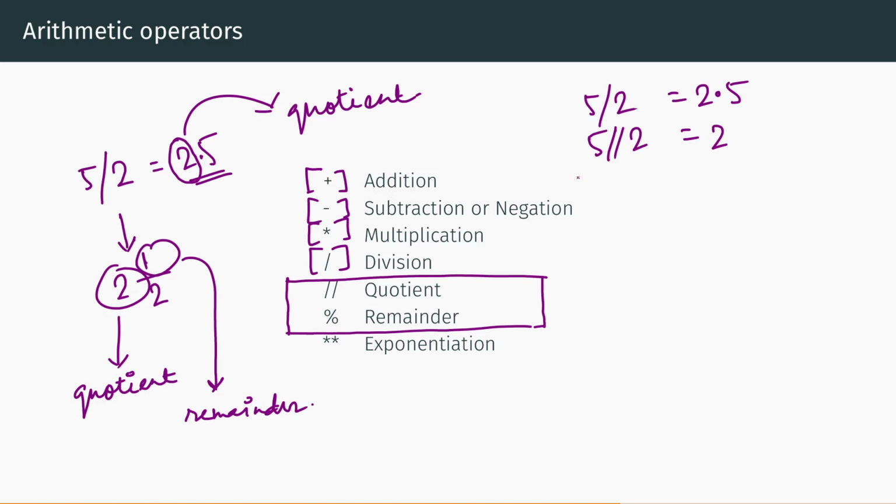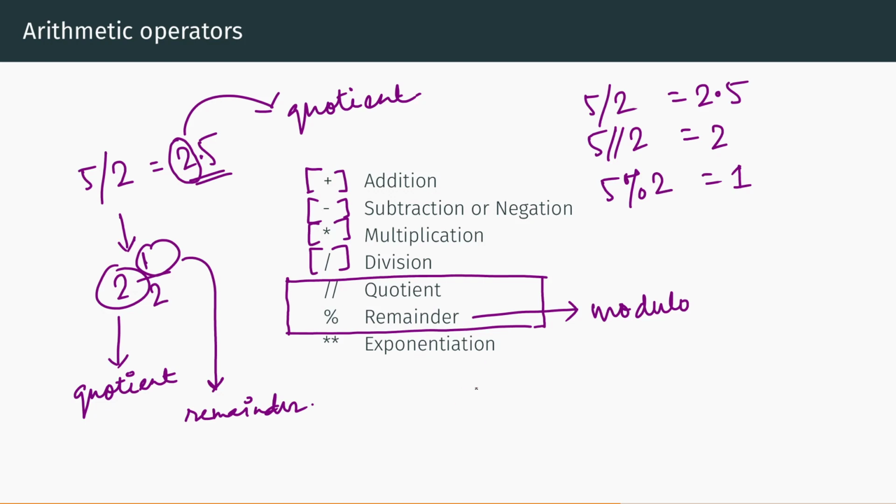And the remainder is done using the percentage sign. The operator is called the modulo operator. So 5 modulo 2 is equal to 1, because that's the remainder when you divide 5 by 2.